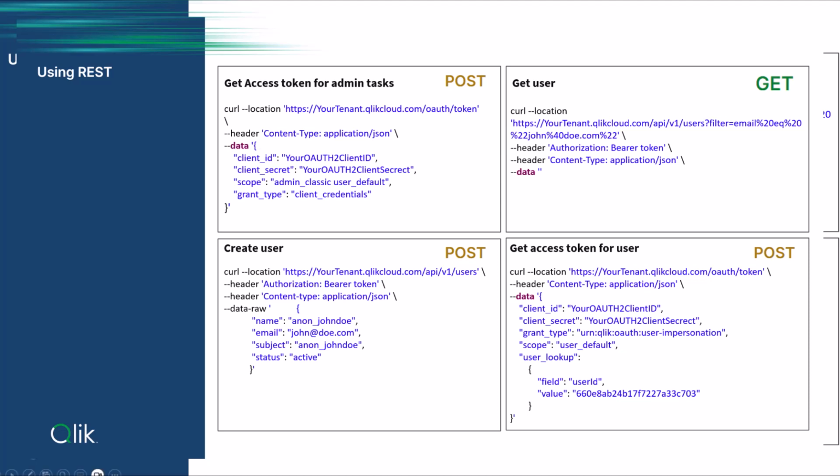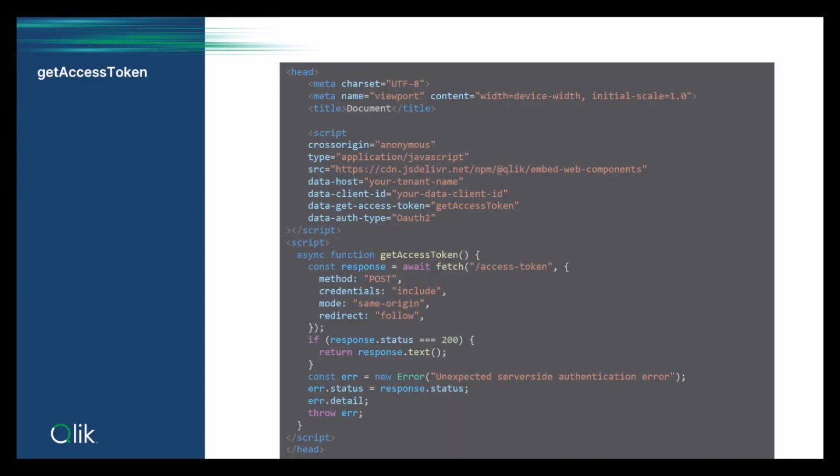Whereas the get access token is a call coming from the front end, where when the front end wants to get access to present the charts, it sends a call to the back end and says, I would like an access token for this specific user. This is returned, and then the user can start seeing the visualizations.